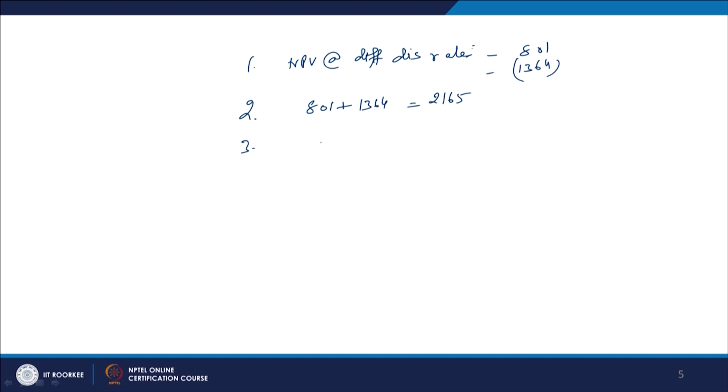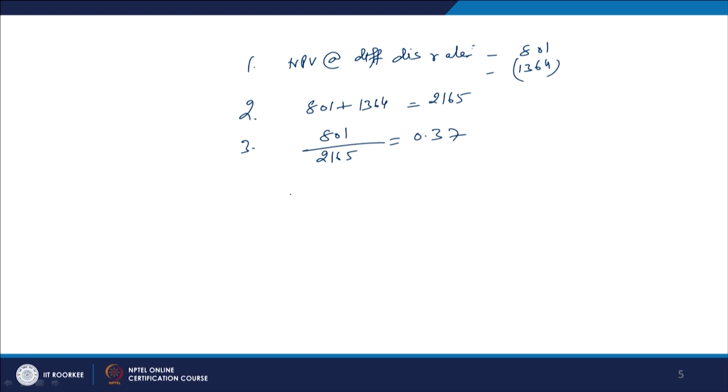First you have to calculate the ratio. The ratio is 801 divided by 2165, and this ratio comes up as 0.37. So what was the formula?